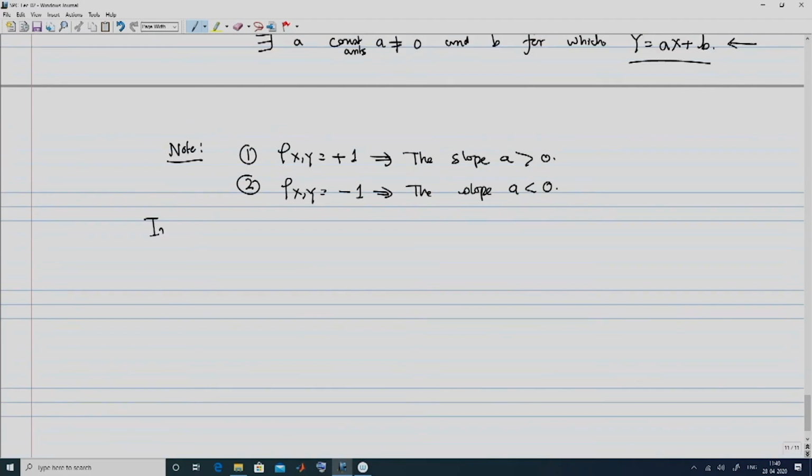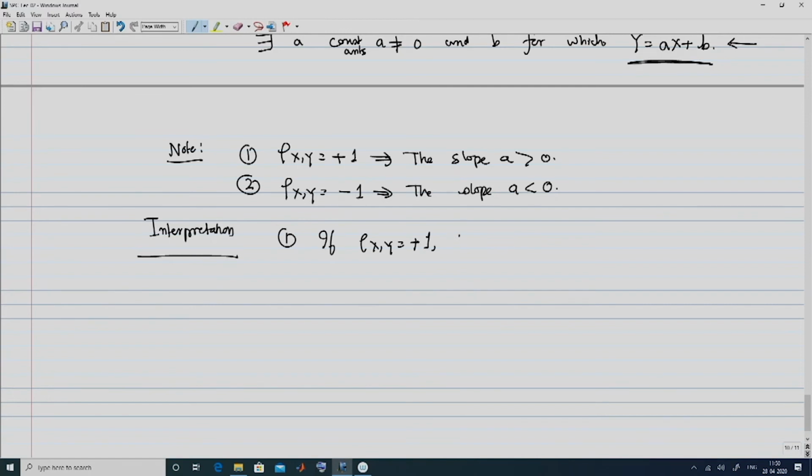So, let us now look at the interpretation of this. If rho XY is equal to +1, this means that Y is equal to aX plus b with a positive.